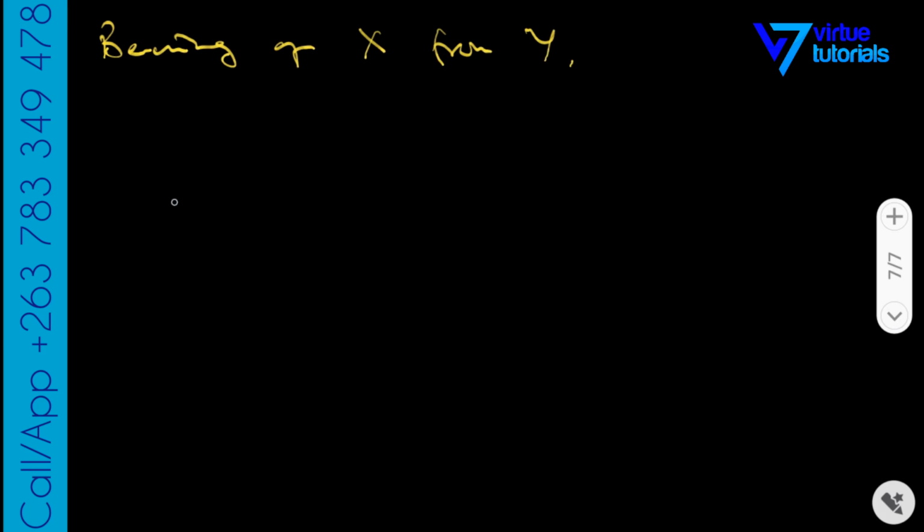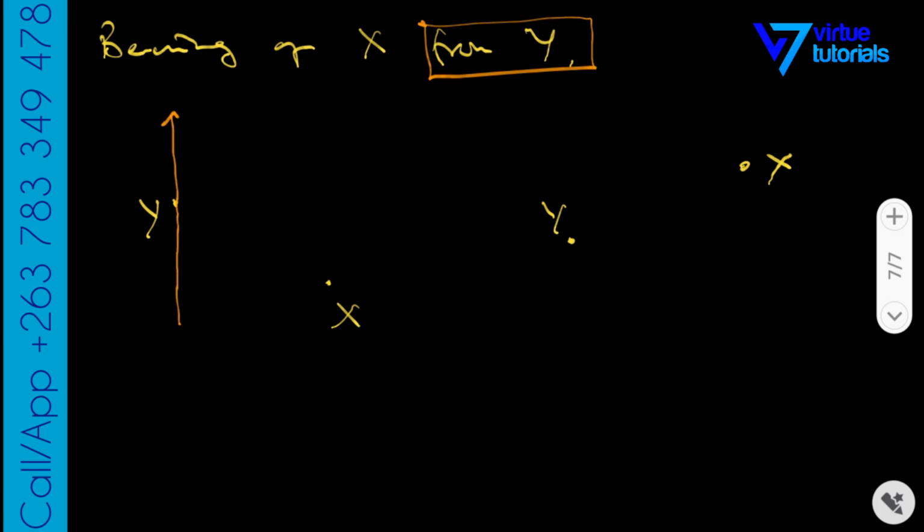If we continue, let's say we are saying a bearing of x from y. If you have y here, maybe x there, and in another situation, y here and x there. Same thing, we look at our reference point, which is y, because we're measuring from y. Make sure you have a north line at y on both your points. These are two different things.